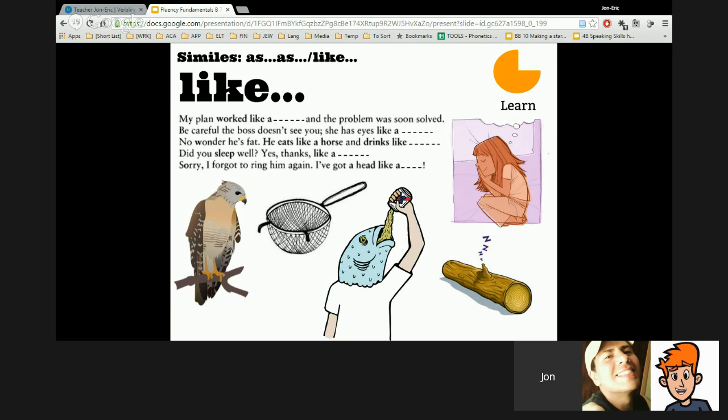I've got a head like a sieve. Or sieve, I guess we should say. So it was important to identify each picture first. If you have a head like a sieve, what happens when you hear something?